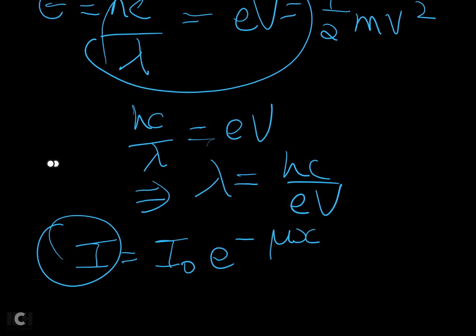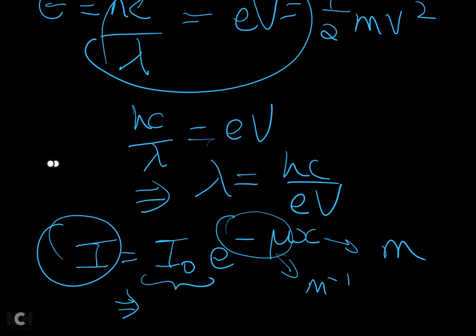So this represents the intensity, right, after it passes through a certain material of thickness x, and the linear absorption coefficient is mu. So this would actually be per meter. x is the thickness in meters, and I0 represents the initial intensity of the X-ray.